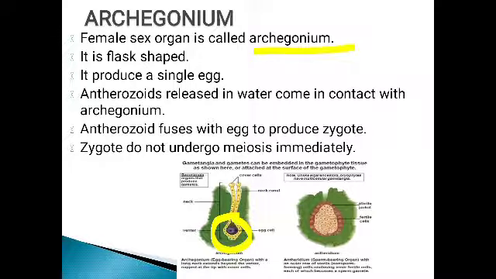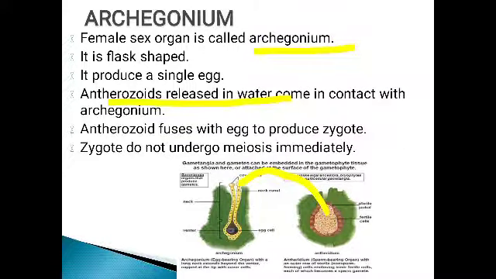Now the antherozoids, the male gametes which are released from this antheridium, will be moving through the water current. Antherozoids will be released in the water and move through that water and then come in contact with the archegonium.